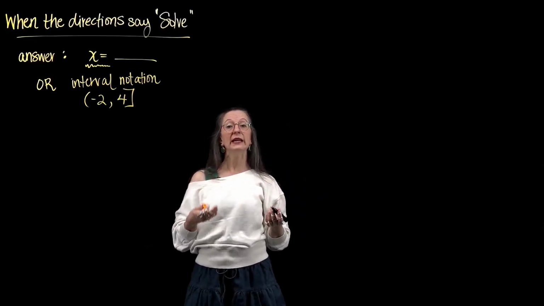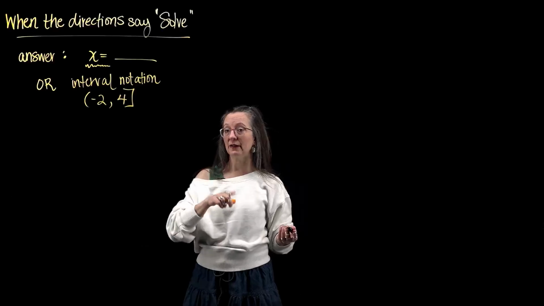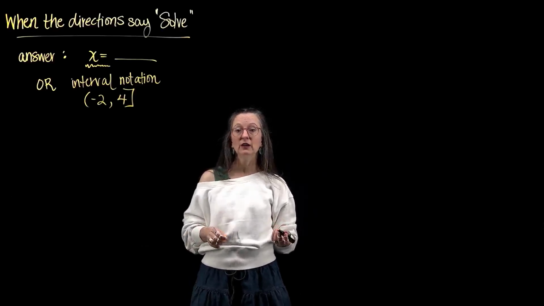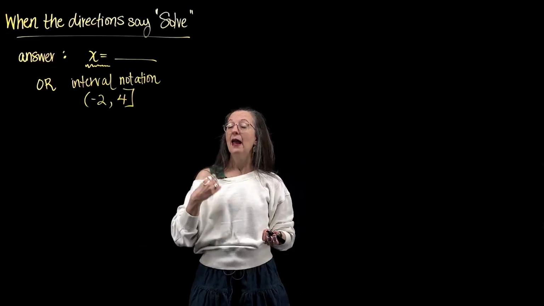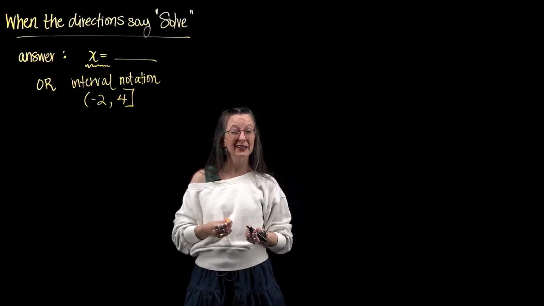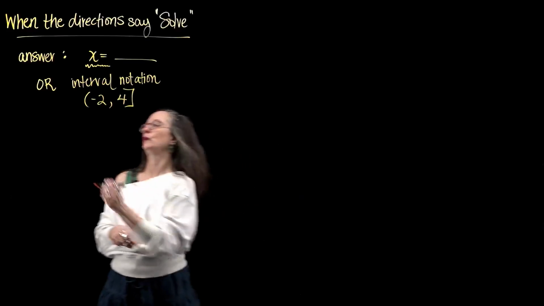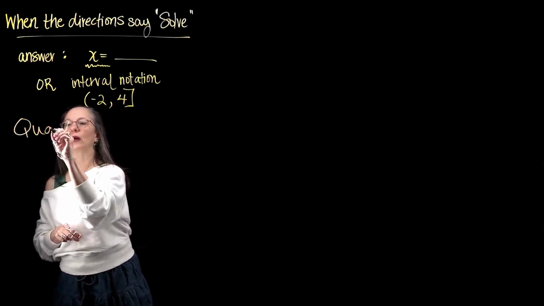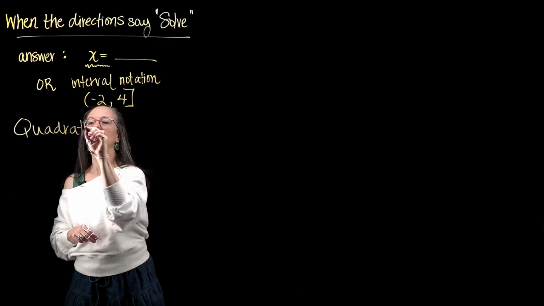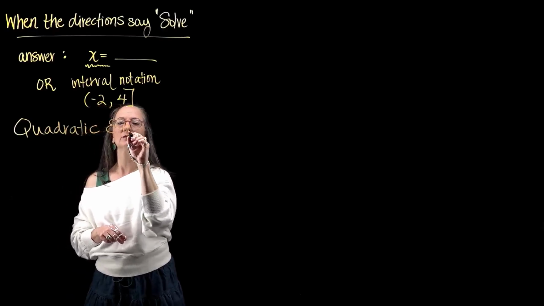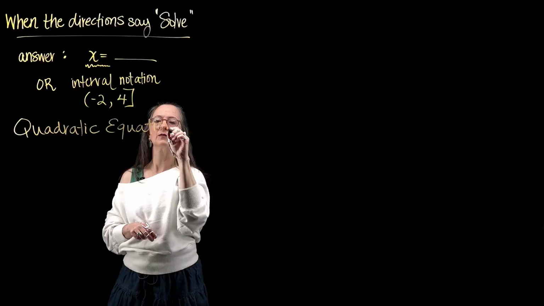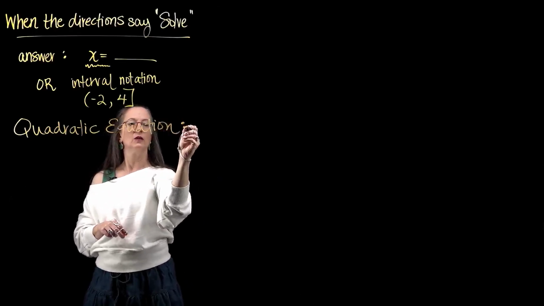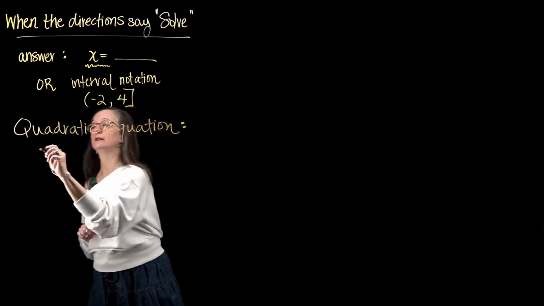If we are solving a quadratic equation, now that means an equation, so it has an equal sign, and its highest exponent is 2. So a quadratic equation, and we'll write down its most important pieces.